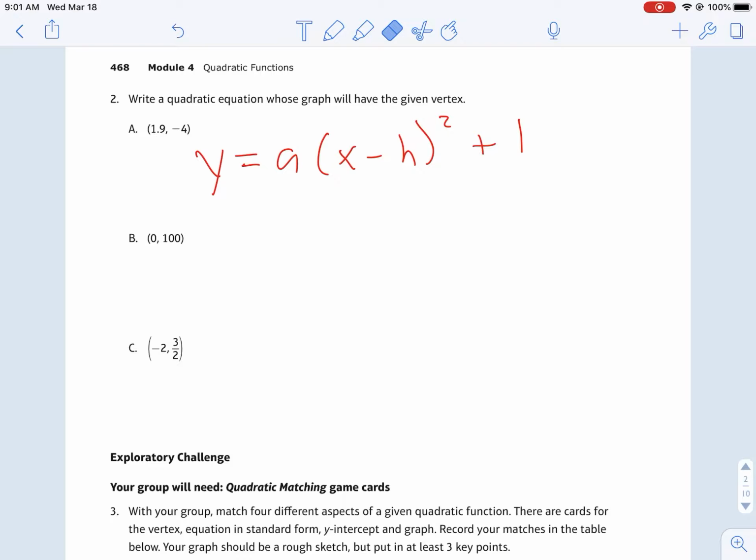Okay, so we have x minus h squared plus k. So I'm going to replace this h with a 1.9, and we're going to replace this k with a negative 4.